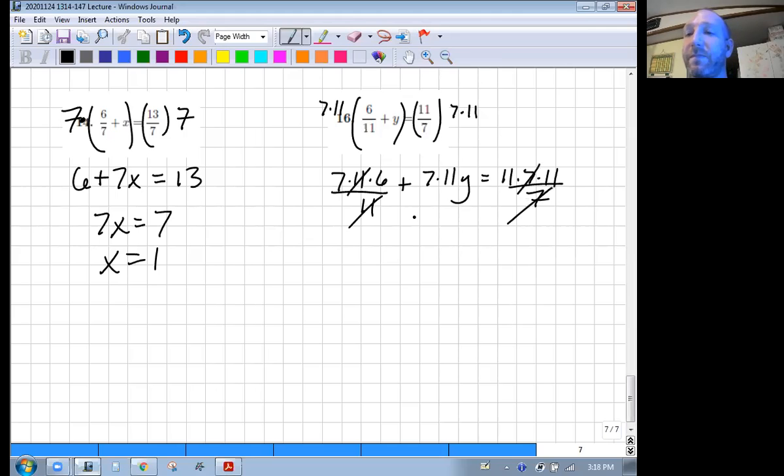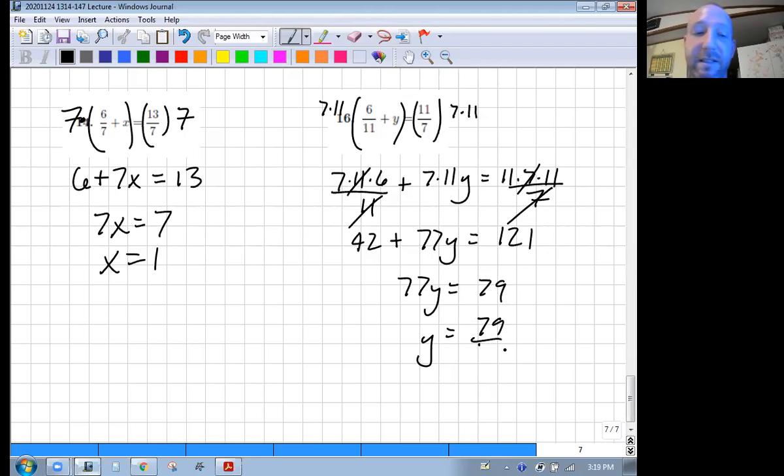So notice all the fractions went away. 7 times 6 is a 42. 7 times 11 is a 77. 11 times 11 is what, 121? So 121 minus 42 is 79. So y equals 79 77ths.